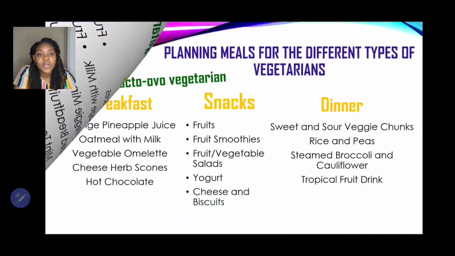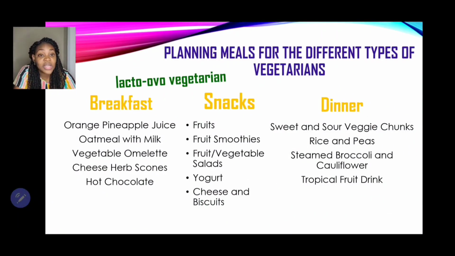Good. Now let us look at the options for lacto-ovo vegetarians. Who is a lacto-ovo vegetarian, guys? Right, if you said dairy products and eggs along with plant products, you are correct. Now let us look at this breakfast. So we have orange pineapple juice, oatmeal with milk, and vegetable omelette.